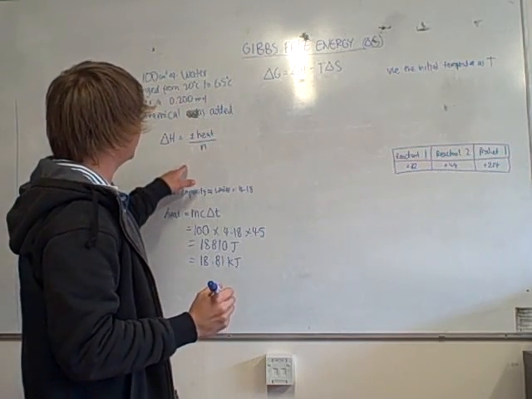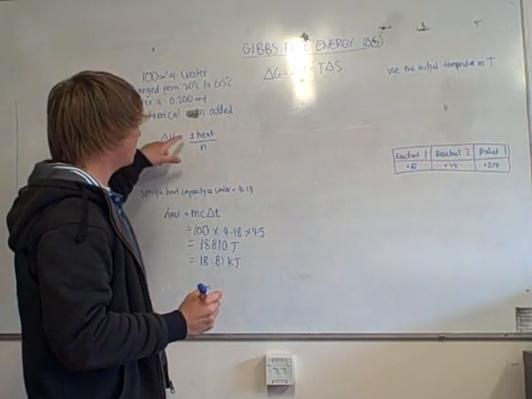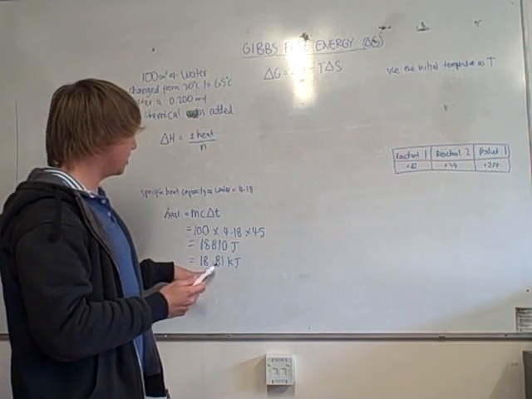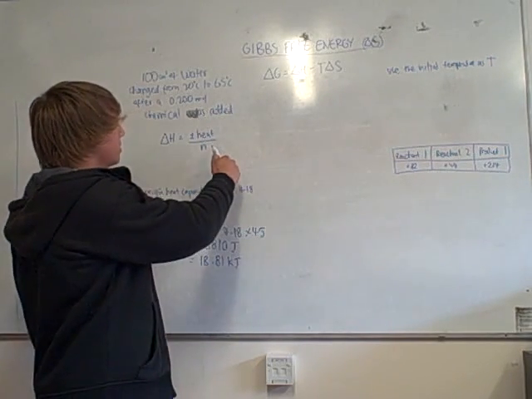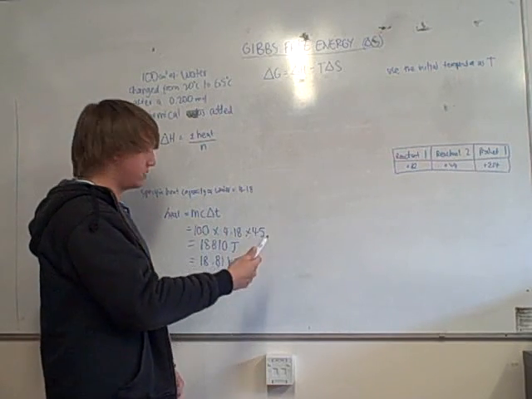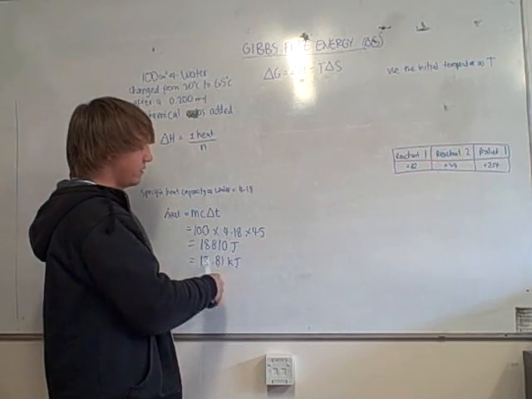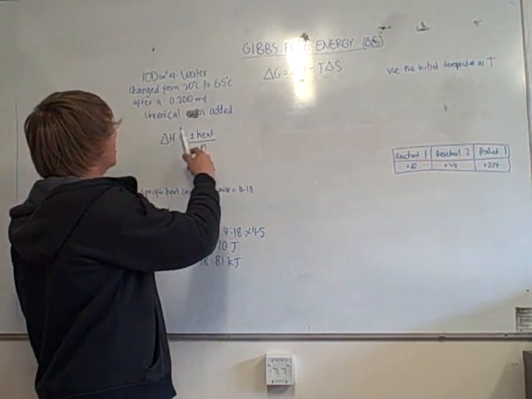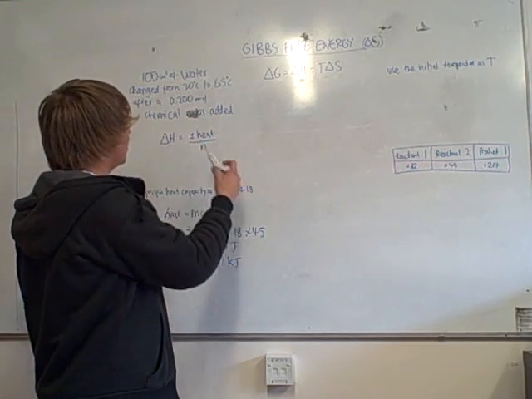And then if we go back up to this equation here, we can find out delta H. The plus or minus bit is basically the opposite, because this is for the surroundings and this is for the chemicals. If the surroundings gain it, then the chemicals will have to have lost it. So if we've got a plus here, we need to have a minus up here.